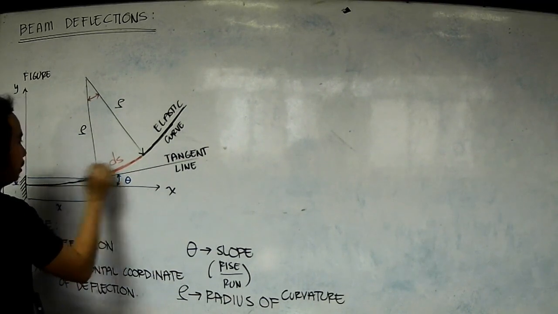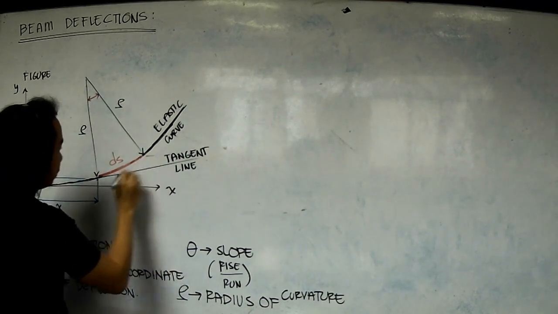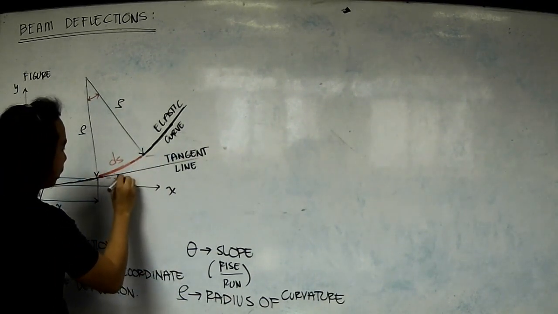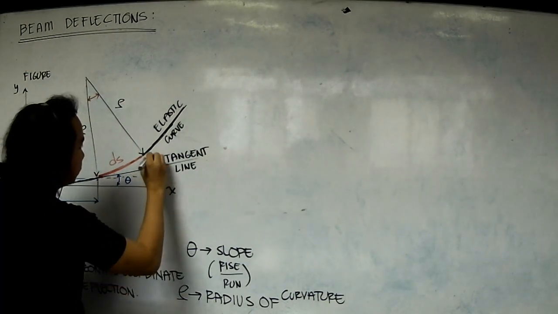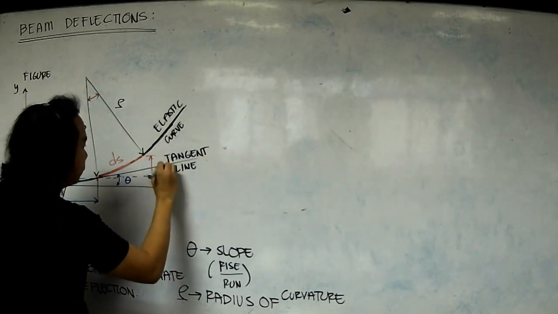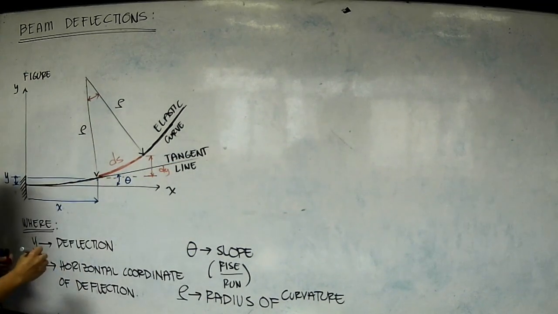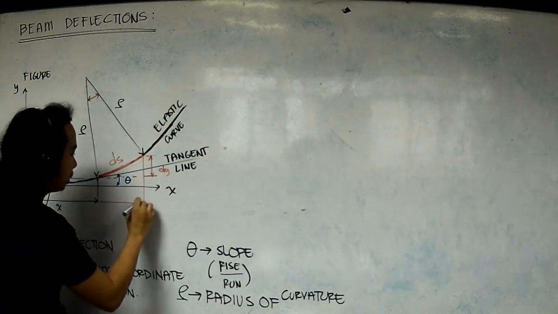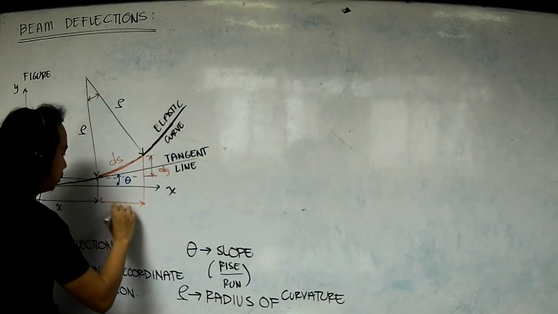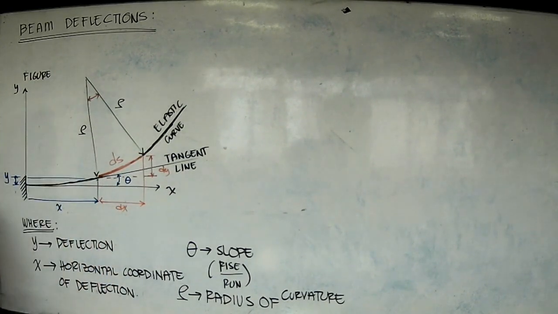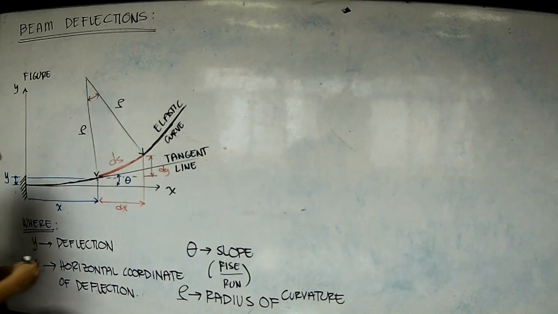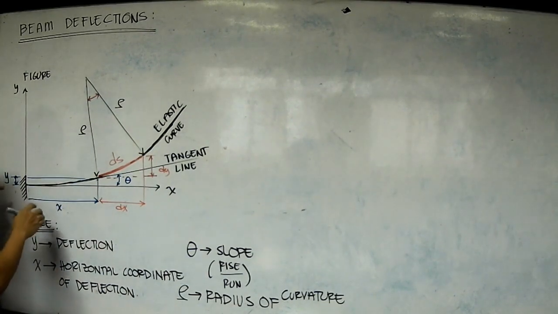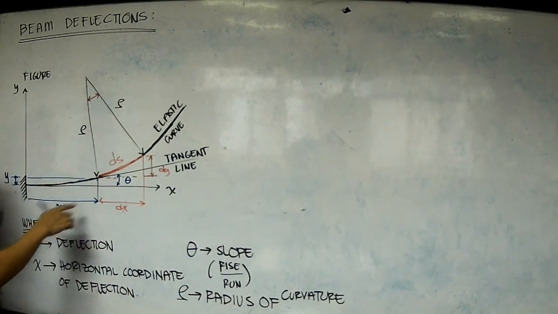From here, going to the other point, I'd like to label this as dy. Now, the horizontal movement, since it is very small, I'll say that is dx. So we have dy, dx, and theta.